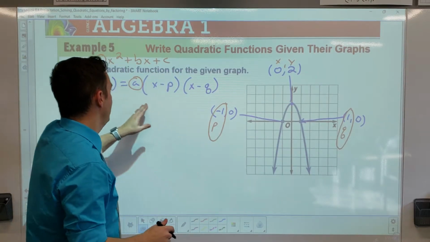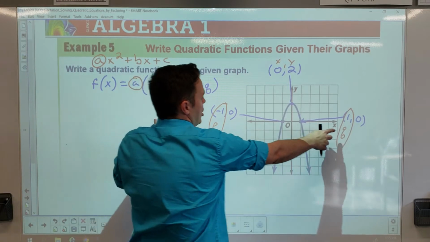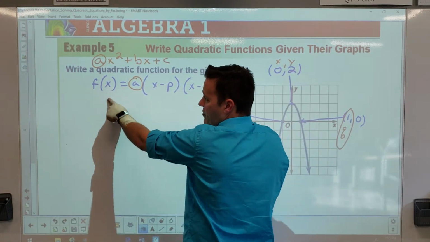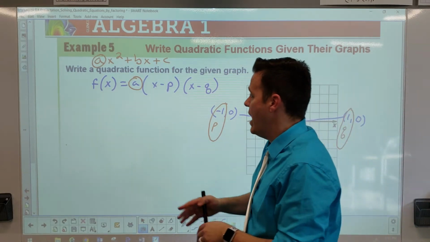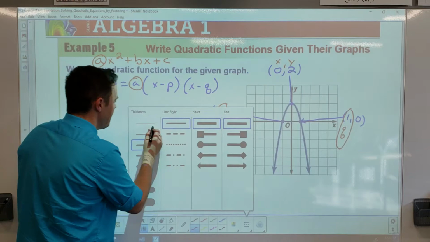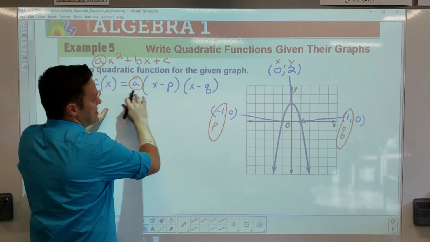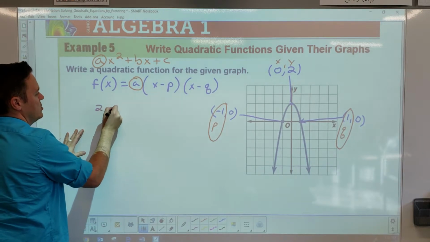Okay, so now we have our x, our p, our q, and if you guys don't remember, f of x is actually the same thing as y. So now we have every single point we can fill in. So now we just need to fill it in. So f of x is equivalent to y, our y is the number 2, equals a.